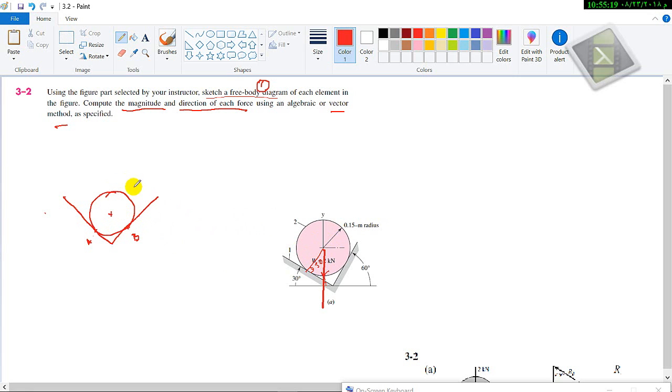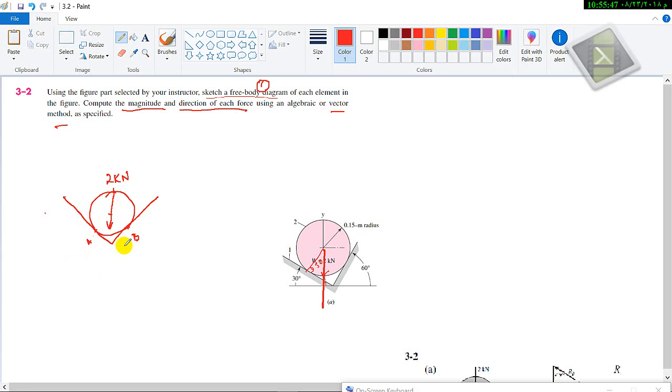Now what we have here is a force. For this cylinder, we have its gravitational force directed downwards like this, and it is about 2 kilonewton.